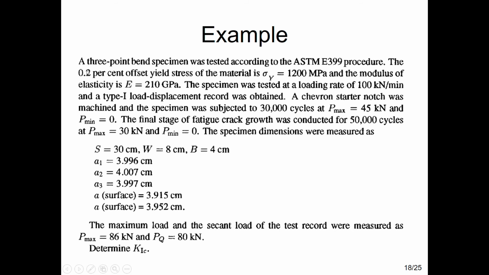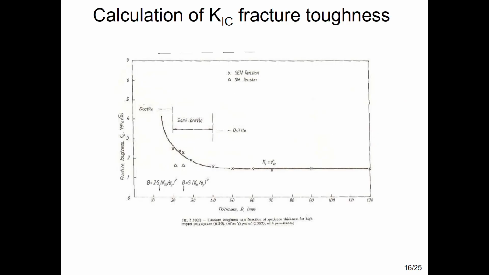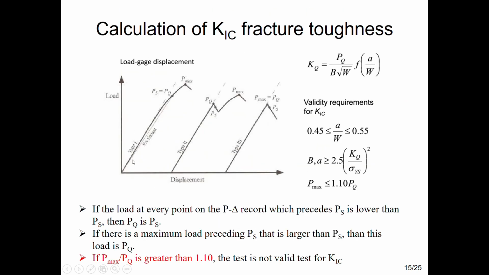The 0.2% offset yield stress of the material is sigma y equal to 1200 megapascal, and the modulus of elasticity is E equal to 210 gigapascal. The specimen was tested at a loading rate of 100 kilonewton per minute, and a type 1 load displacement record was obtained. So remember, type 1 load displacement is according to this type of graph.